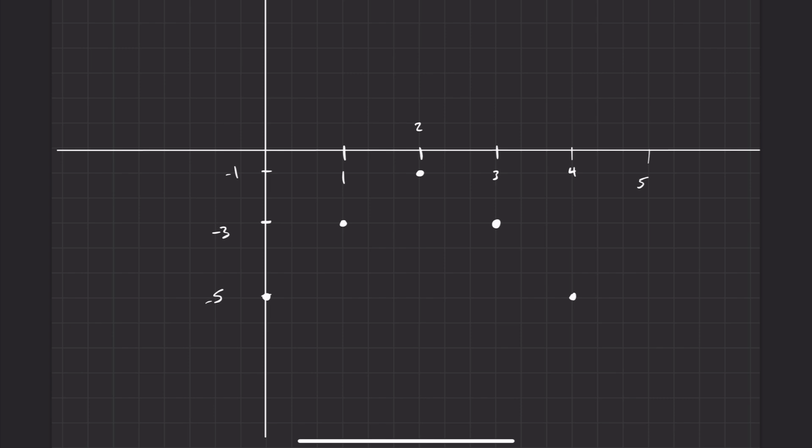So sketching this, remember this is our origin line, we have something like this. Again, I'm sorry for my graph, and this is how this graph would look like.